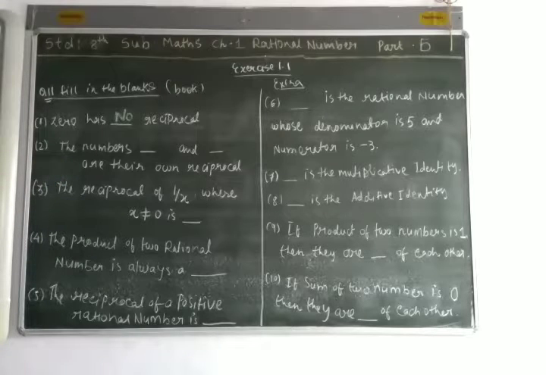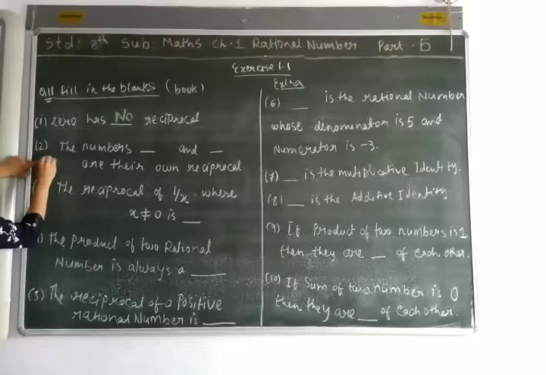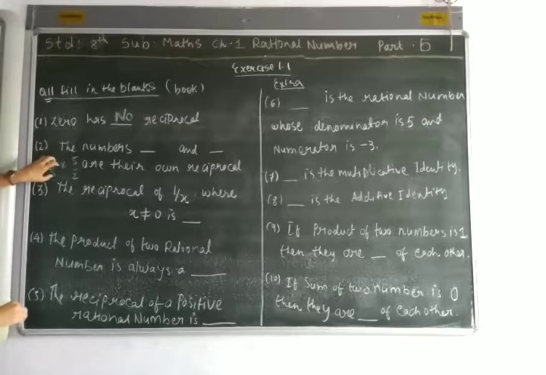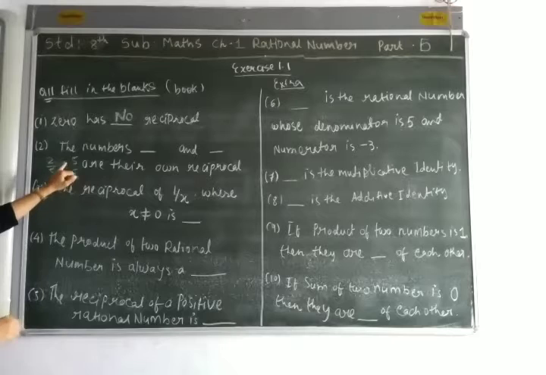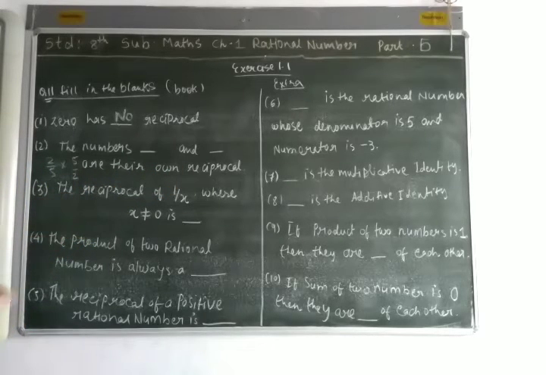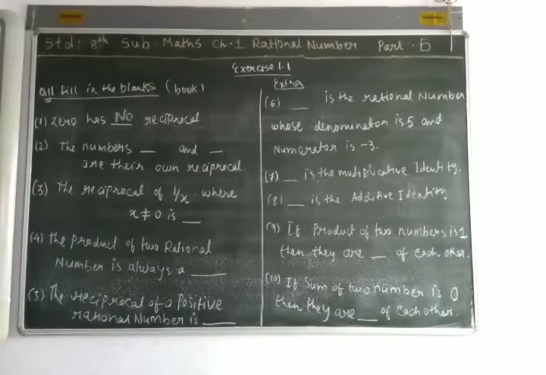So if I want to find the reciprocal of 2 by 5, I have to invert it. So 2 by 5 is not its own reciprocal. We want such a number that when you invert it or take its reciprocal, you will get that number only.